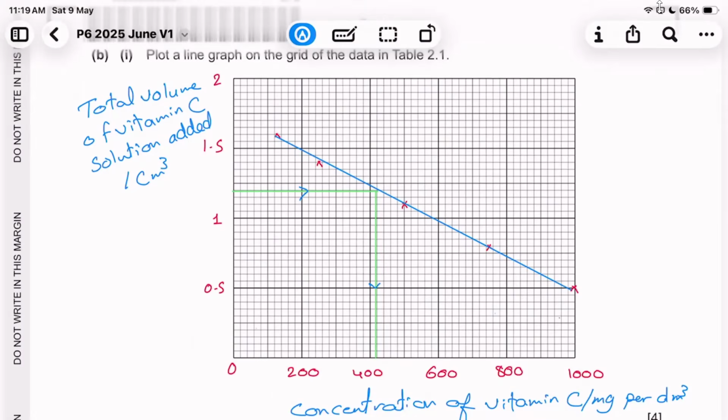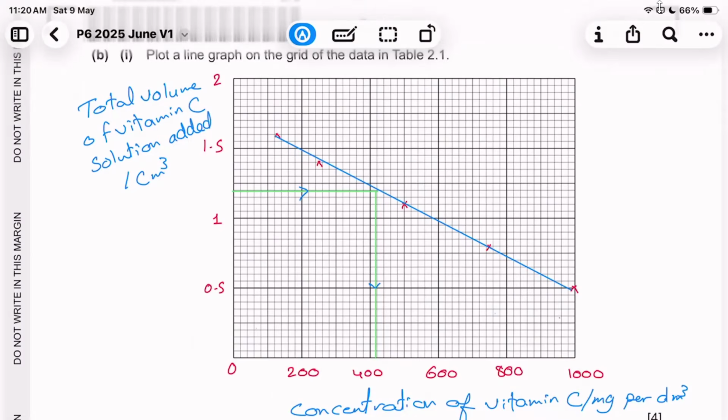So we have to write it as it is, including the measuring unit. And the heading of the second column, the dependent variable, we have to put on the y-axis as it is with its measuring unit: the total volume of vitamin C solution added per cubic centimeter.